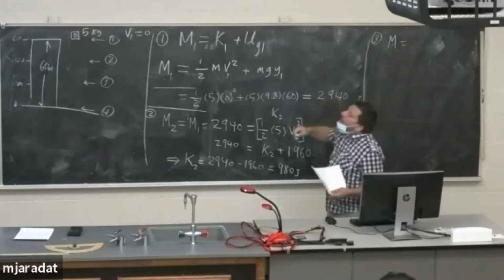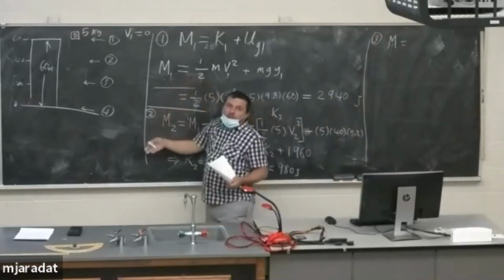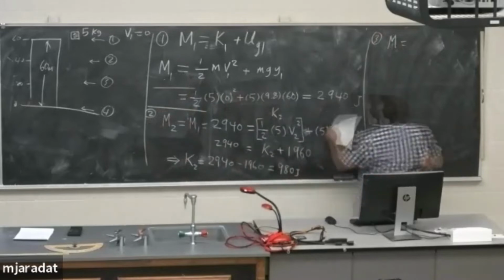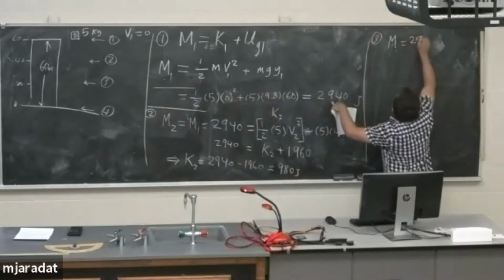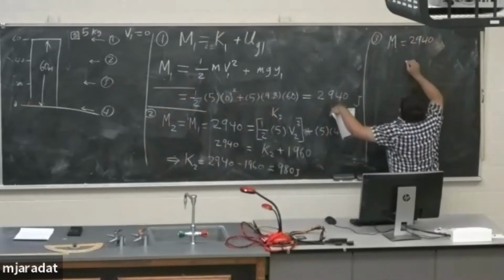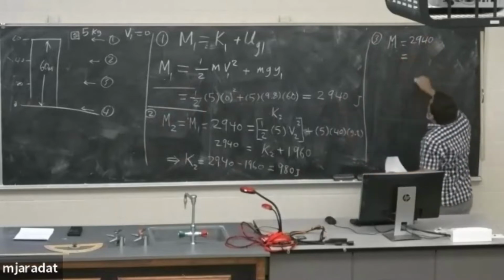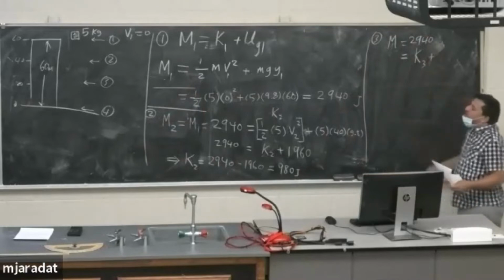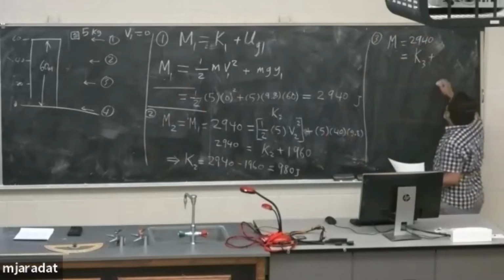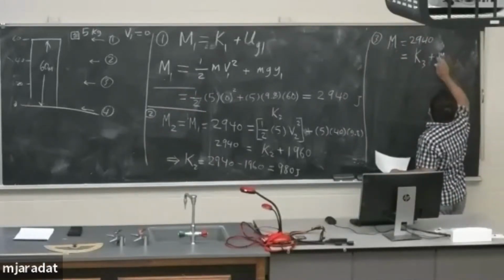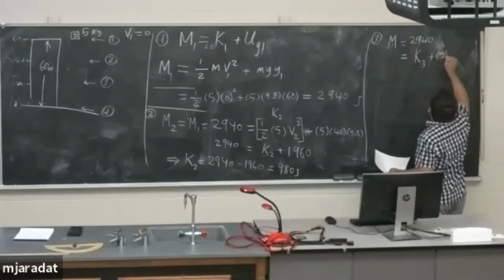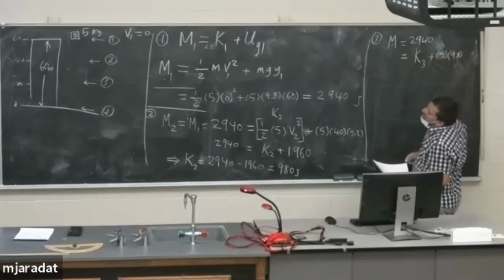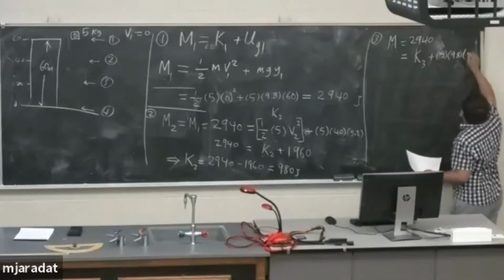We don't need to name the mechanical energy by 1, 2, 3, and so on, because it is the same. The mechanical energy is always 2,940 joules. It is equal to the kinetic energy at point number 3 plus the potential energy at point number 3, which is m, or 5 kilograms, times 9.8, which is g, times the altitude at the third point, which is 20 meters.